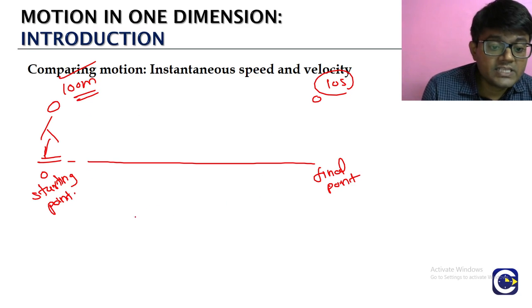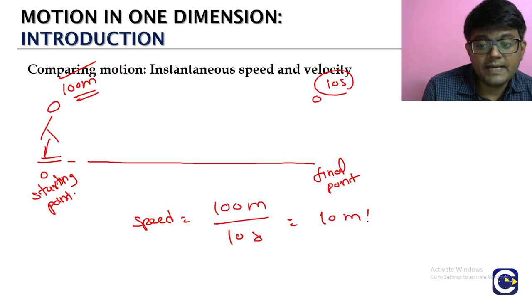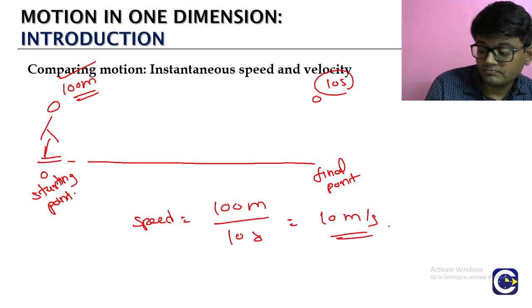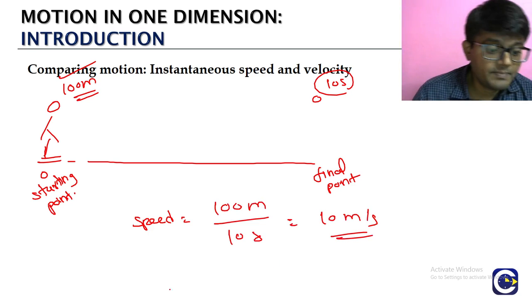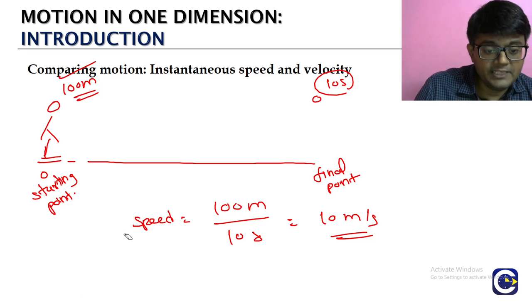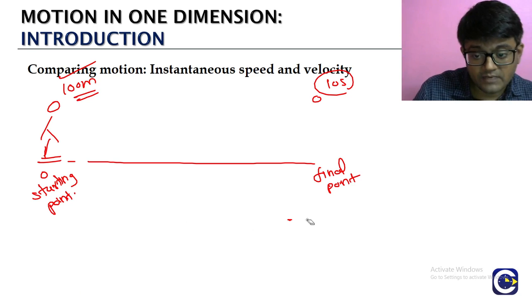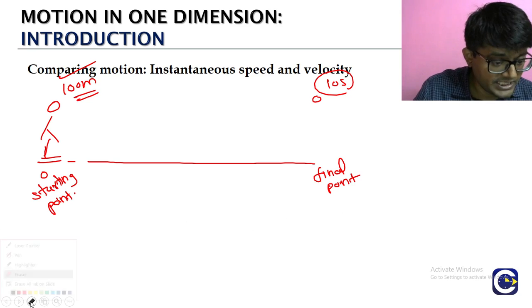So for the entire journey, if I measure the speed, what is the speed? It will be the distance covered, 100 meters, by the time taken, 10 seconds. What is it coming as? 10 meter per second. But if I break down the journey into small time intervals, what do I mean by breaking down the journey?